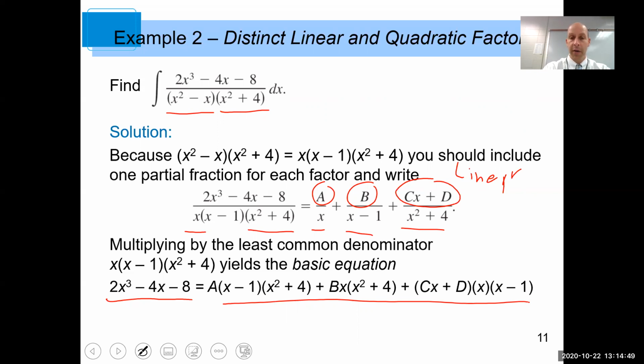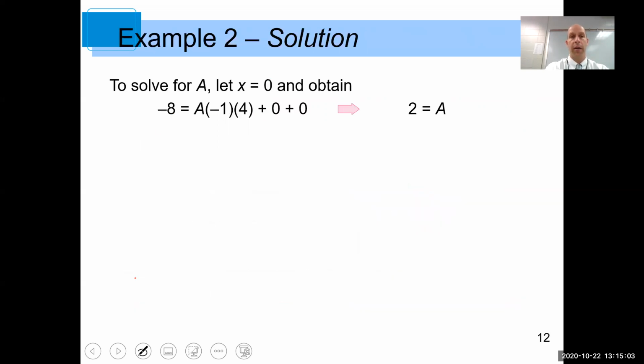Notice that these two terms have an x in them. So if you let x equal 0, this entire term will go to 0, and these two terms will also go to 0. You'll be left with negative 8 equals a times the quantity negative 1 times 4. In other words, a is 2. That worked out kind of nicely, didn't it?